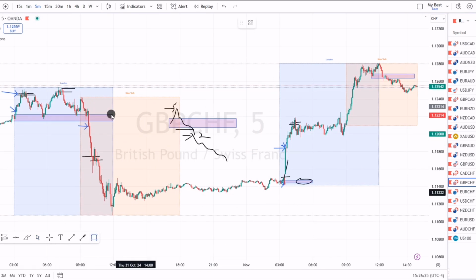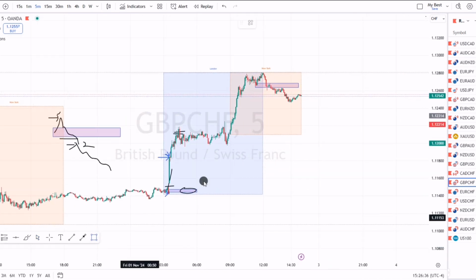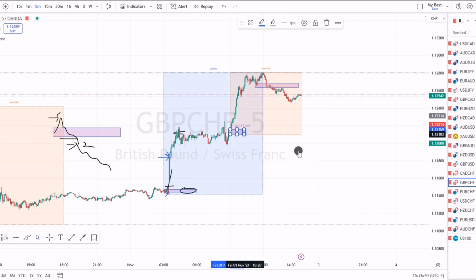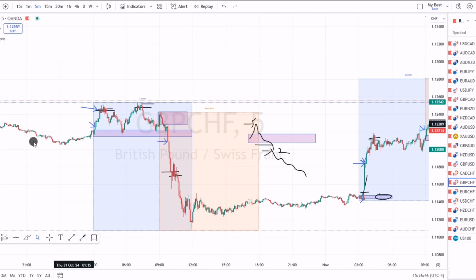You can also check if it works for the first candle of the New York session. Right here, it worked. Let's check even here. First candle of the New York session. Price closed above, you would have placed a buy.